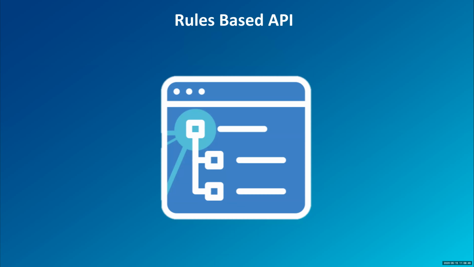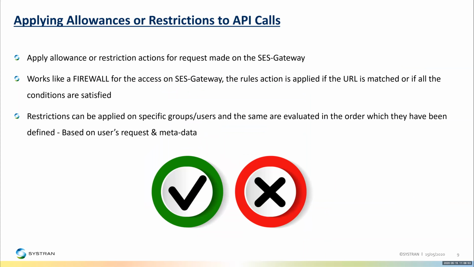Also, we've come up with rules-based API. What the rules-based API gives you is the possibility to either allow or deny users. You can apply all these allowances and restrictions on the SES gateway. It basically works like a firewall for the access.